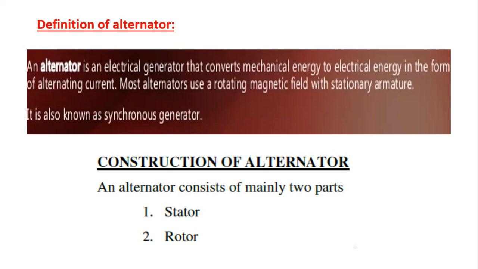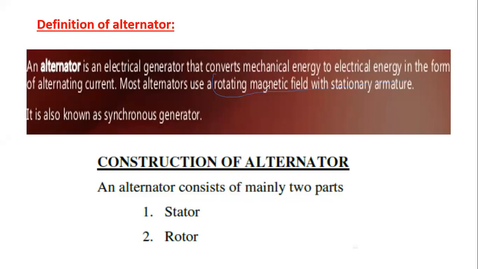The only difference is that instead of a stationary magnetic field, we use a rotating magnetic field, and the armature is stationary. This is the only single difference between the alternator or AC generator and the DC generator.